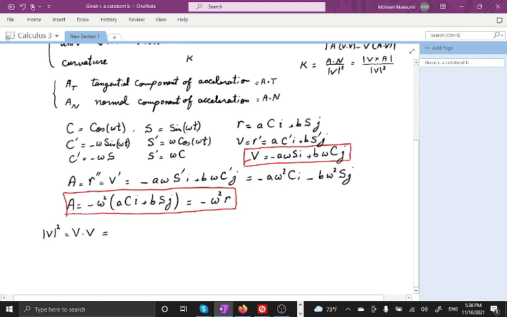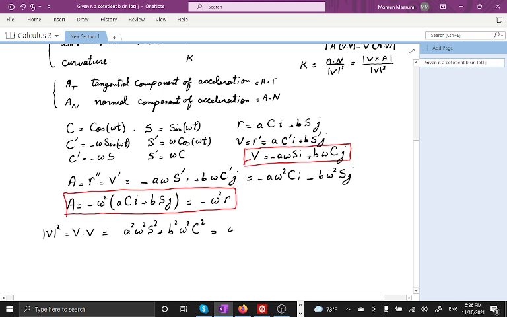Take this thing dot with itself, so I'm going to have a squared omega squared S squared plus b squared omega squared C squared. i dot i is 1, j dot j is 1, i dot j is 0, and so on.